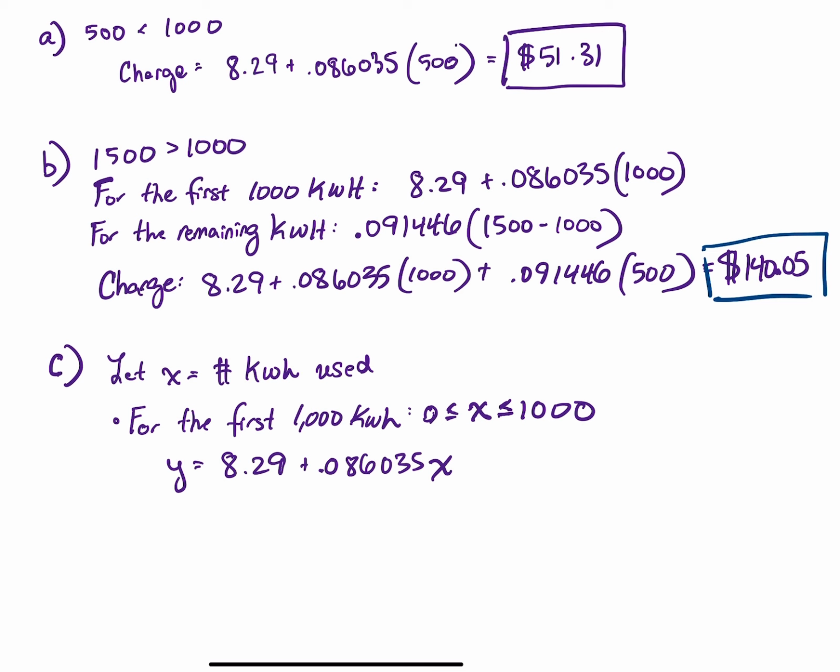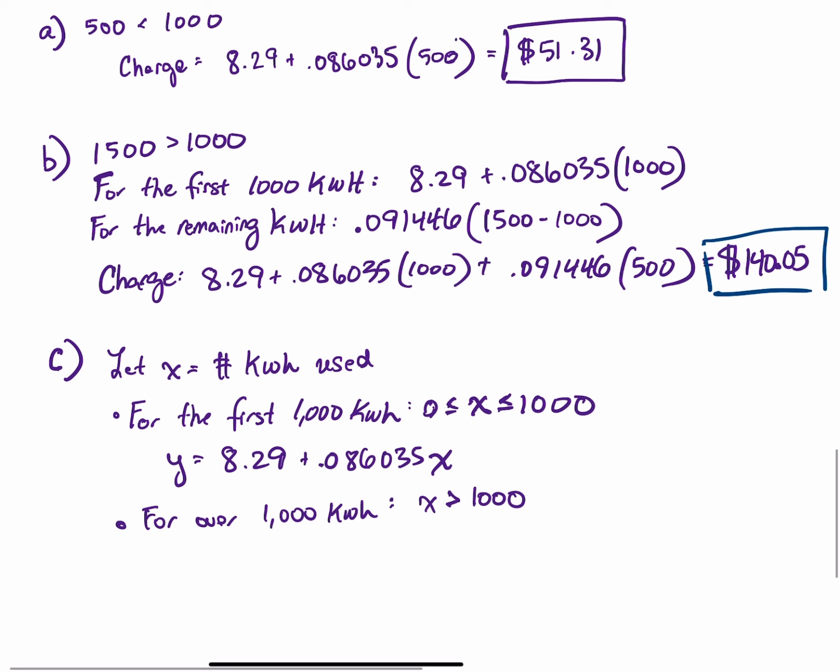So how about for over 1,000? So for over 1,000 kilowatt hours, meaning this is when x is greater than 1,000. Well, again, we wouldn't just say that second formula because we need to assume that we've already paid out the first $1,000 under that first rate. So we can frame it like this.